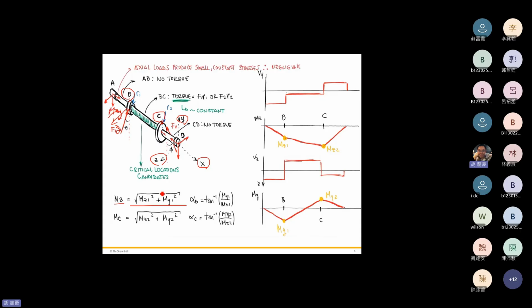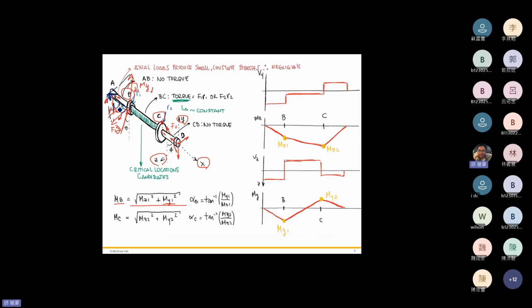Similarly, at point C, My1 here means we have this coordinate in the y direction, and the moment produced from this tangential force defines My1. Therefore, there's a resultant moment, MB.